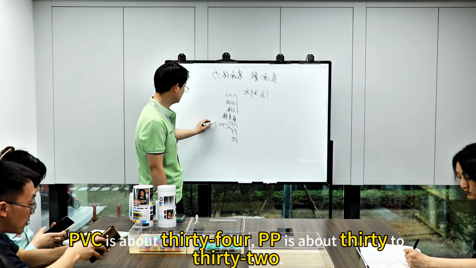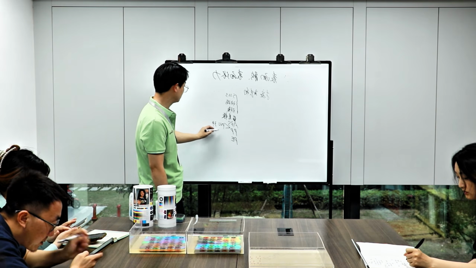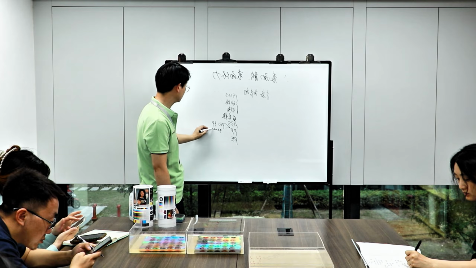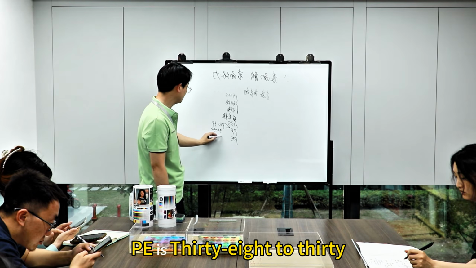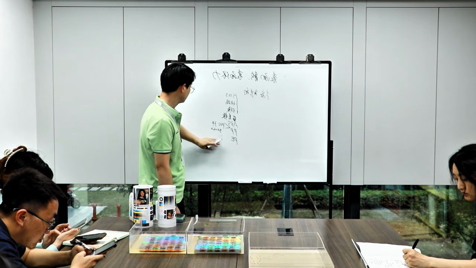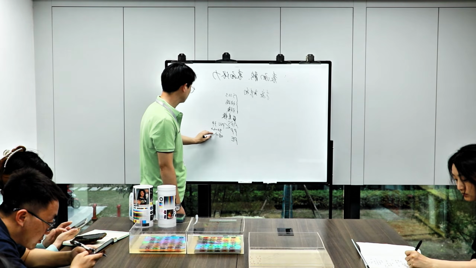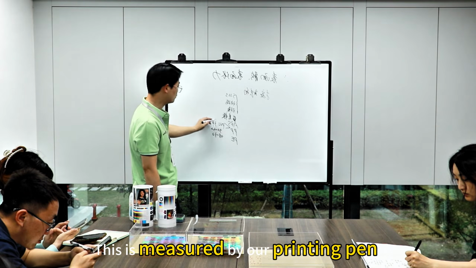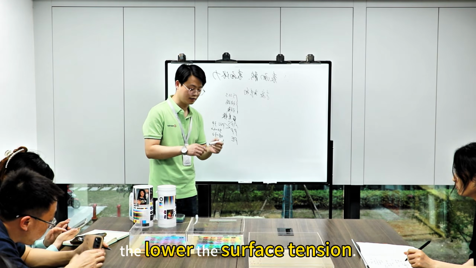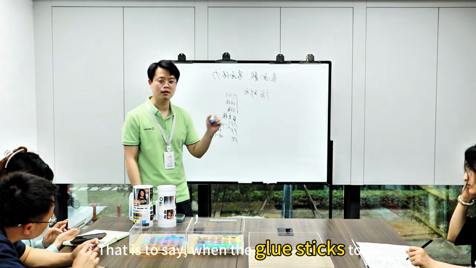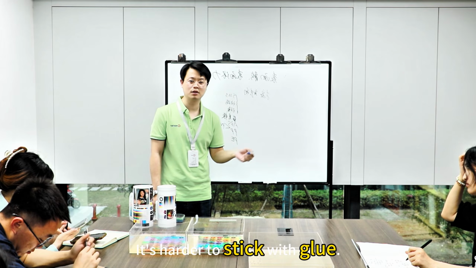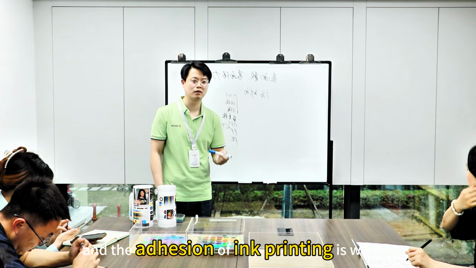PVC is about 34, PP is about 30 to 32. PE is 38 to 30. The numbers I wrote here are measured by our printing pen. The lower the number measured by the printing pen, the lower the surface tension. That is to say, when the glue sticks to it, or when the ink is printed, the less likely it is to be wetted. It's harder to stick with glue, and the adhesion of ink printing is worse.